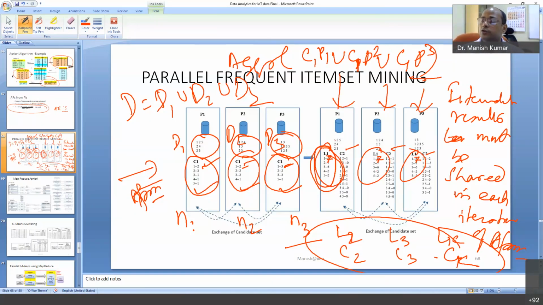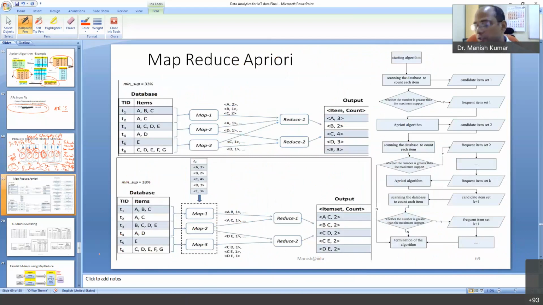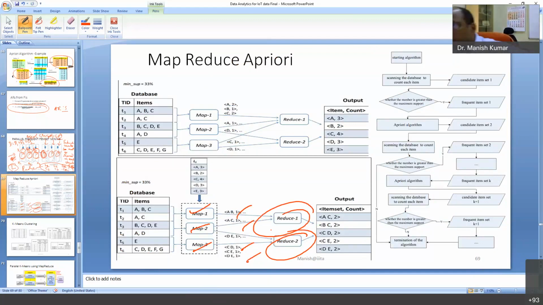Similarly, L2 will be aggregated for the next iteration, and so it goes, and finally it can generate L1, L2, L3 and LK, and then the reducer has the responsibility to aggregate all these and generate the final L. So each mapper can generate results, and the reducer has the responsibility to join or aggregate the results generated by each of the mappers.